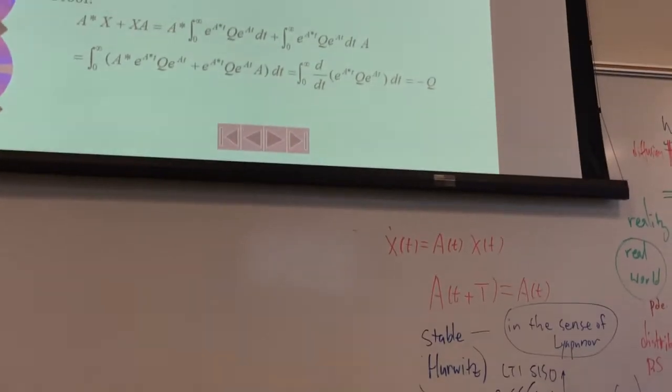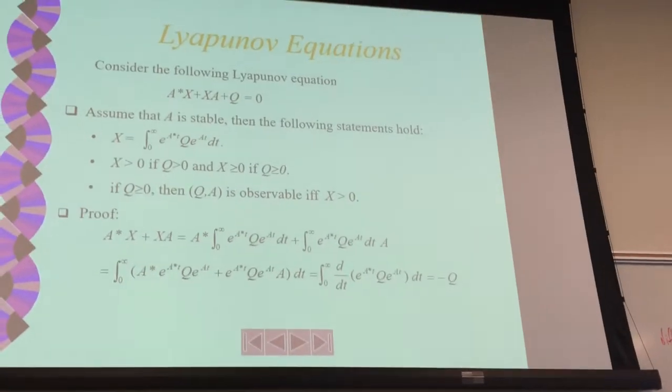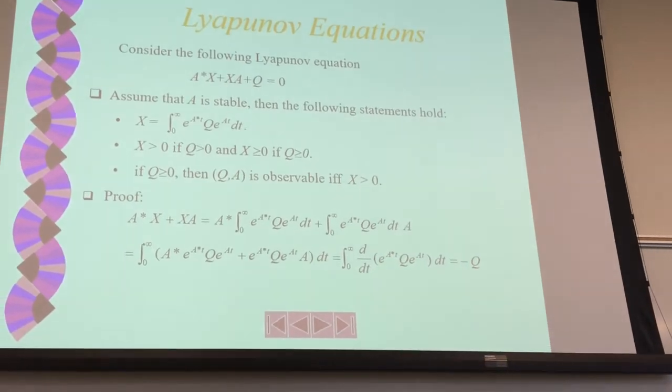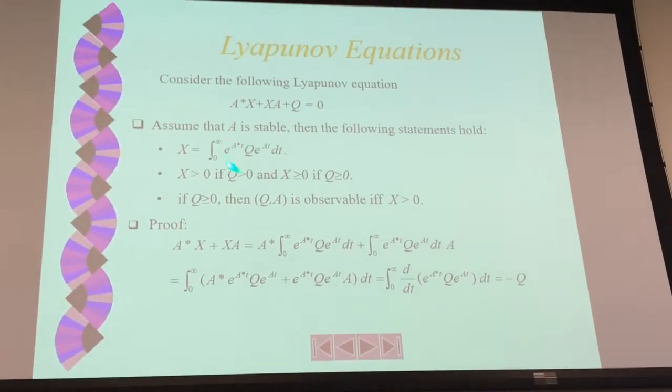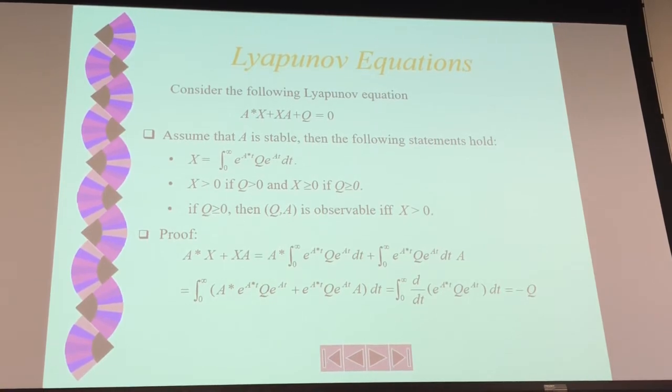If A is stable, then we know there is a corresponding state transition matrix, like this, t minus tau. Here you are going to see the integration from 0 to infinity of e to the power of A transpose t, times Q, times e to the power of A t, dt. The integration from 0 to infinity gives this X. Isn't this beautiful?